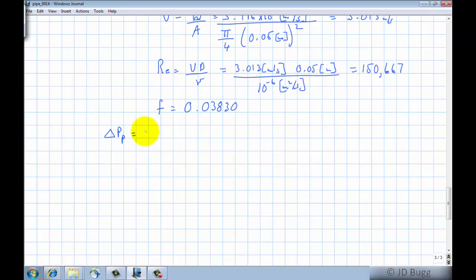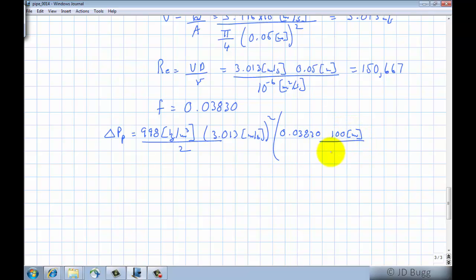So delta P, density 998 kilograms per meter cubed. Velocity 3.013 meters per second squared. That's over 2. Friction factor 0.03830. L, full 100 meters of pipe. D, 0.05 meters.